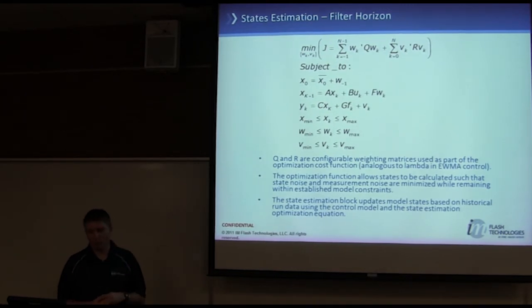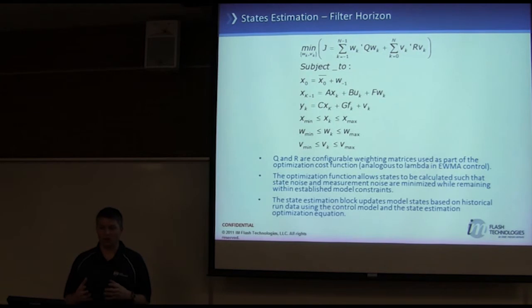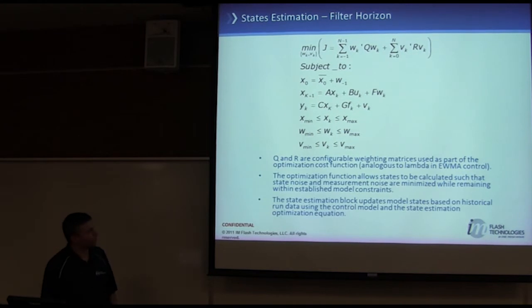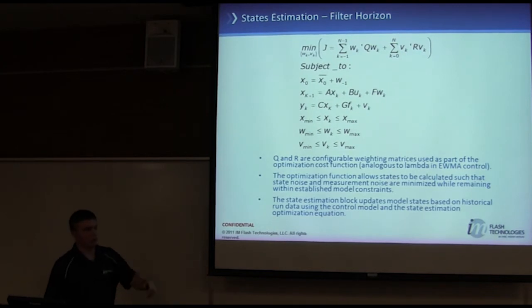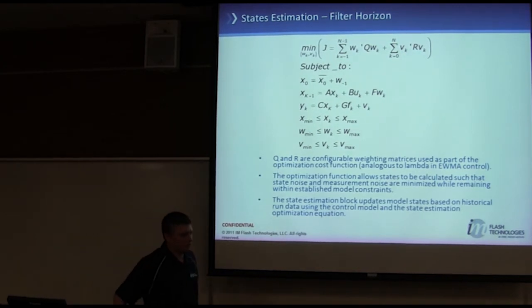If we want to give all the weight to the last lot measured, we make R really big, which means we fully trust our last measurement; there's hardly any measurement noise. If we want to give a bit more weight to the historical data, we reduce the R value. Then we can add all these constraints in there as well, so that we get an optimized solution.